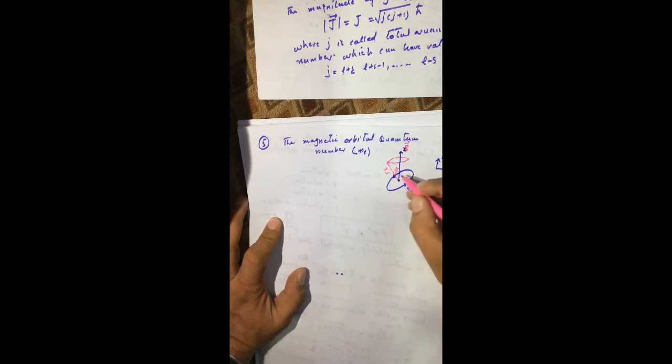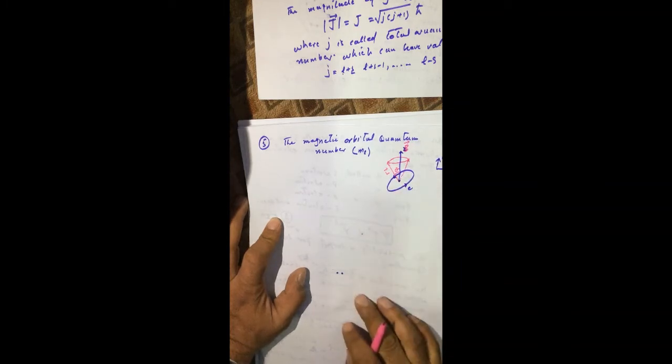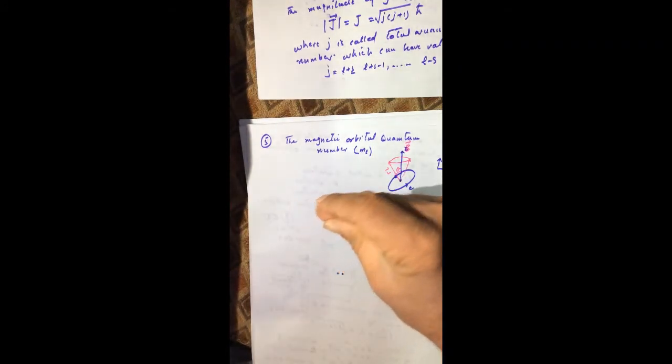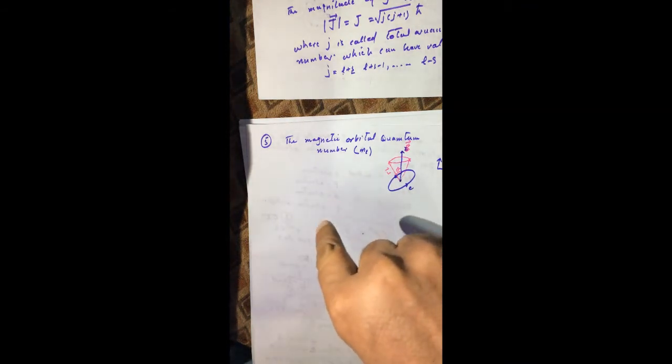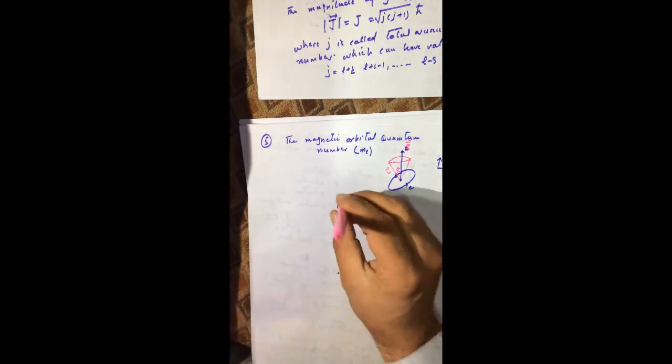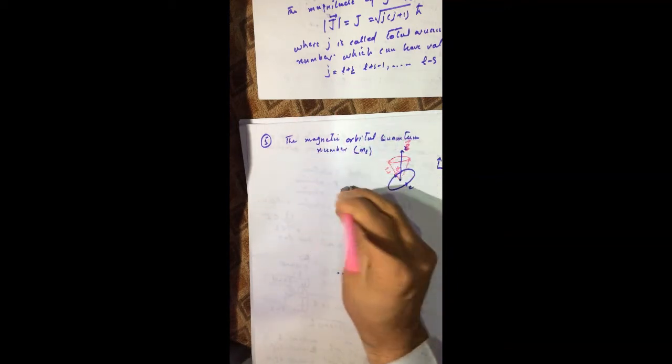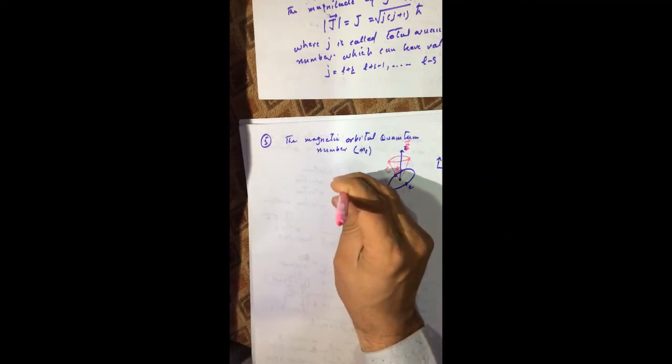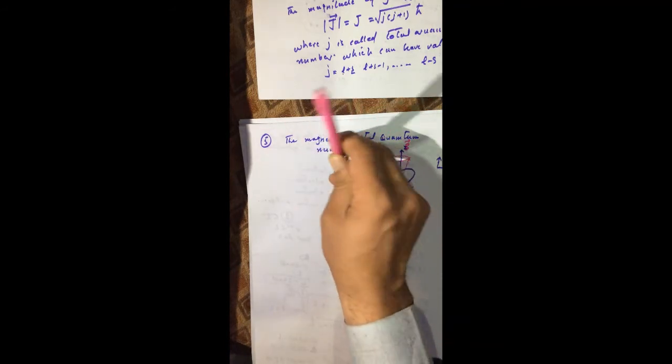So this is the precession of this orbital angular momentum. If you rotate a top using your finger, then this top will move like this. It also precesses about its axis, which is perpendicular to the top.